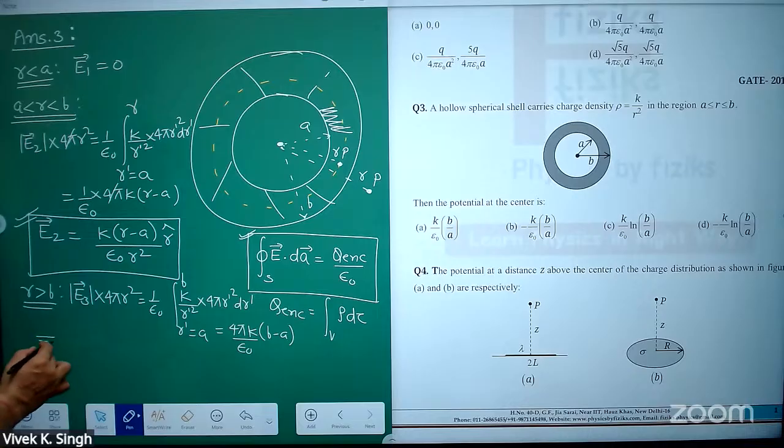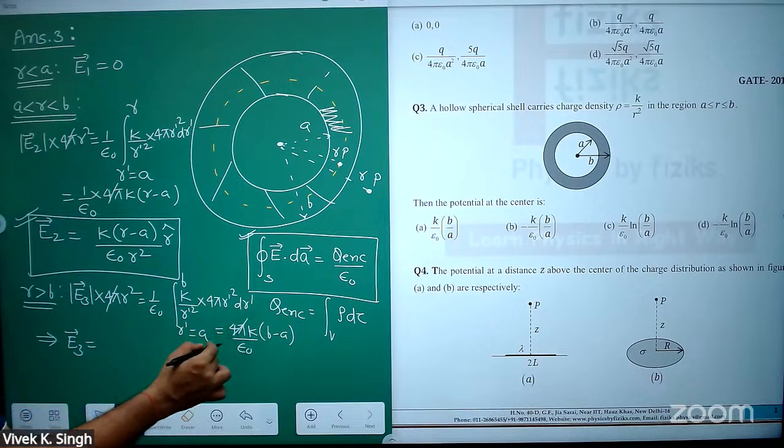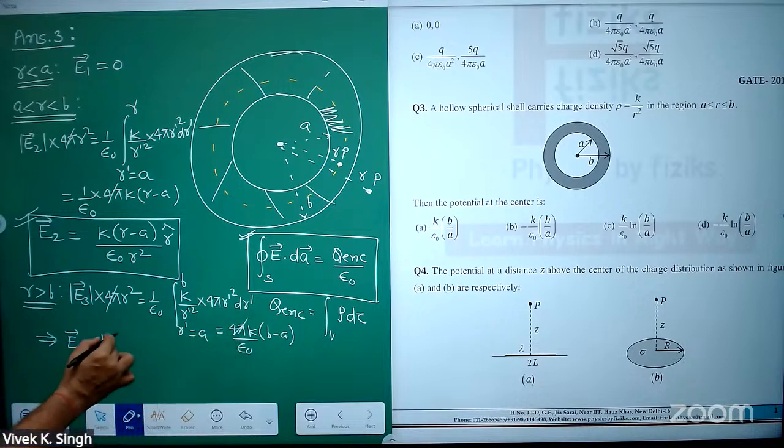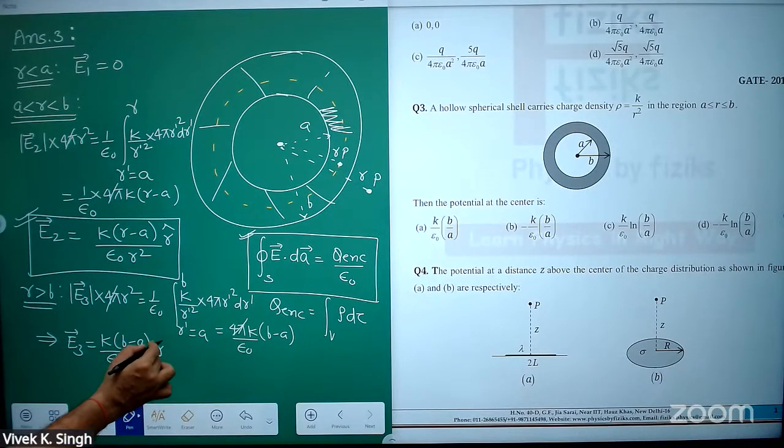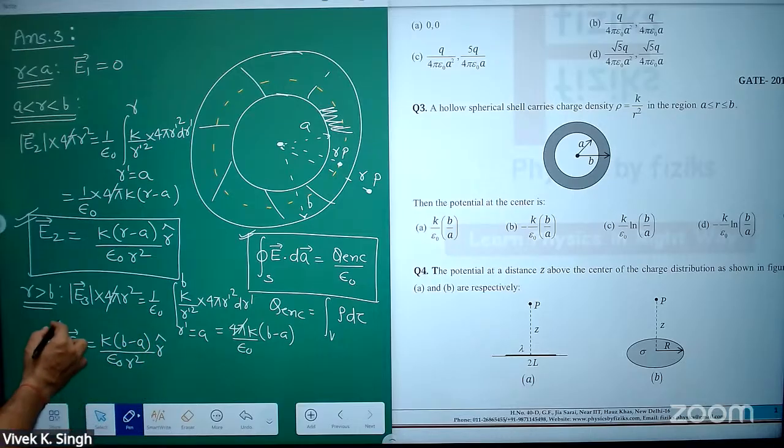So electric field E3 will be given by, 4 pi will cancel out, k times (B minus A) by epsilon 0 r square, r cap. This will be the electric field.